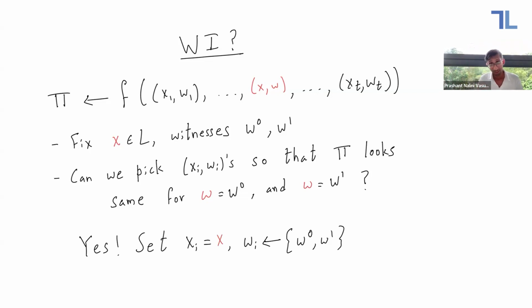And if you do this, then imagine what the input to the F looks like. It's a bunch of x comma W0 or x comma W1, where W0 or W1 are picked at random. And then you have this x comma W, which is either x comma W0 or x comma W1. But it's just one out of t such instances, right? So having just one of them being fixed to W0 or W1 should not affect the distribution of the things too much.